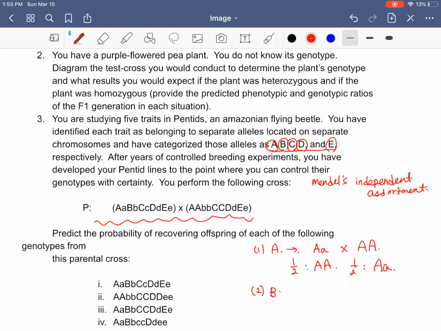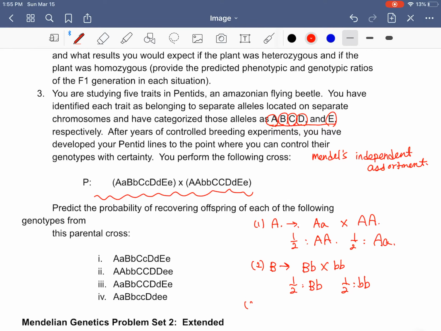And for our B allele, we have heterozygous crossed with homozygous recessive. And here we would have 50% heterozygous, 50% homozygous recessive. Okay.